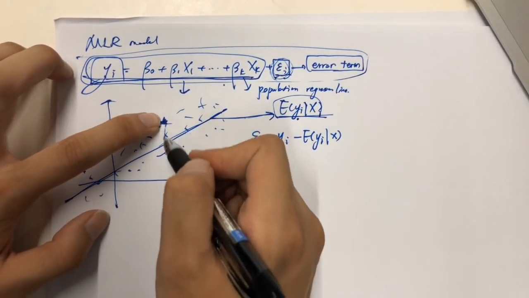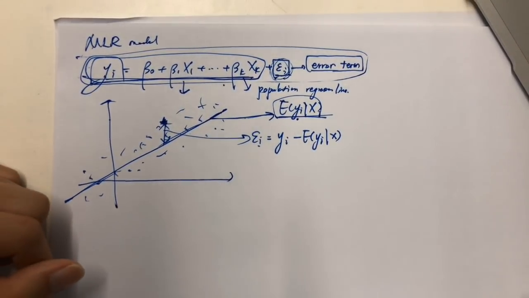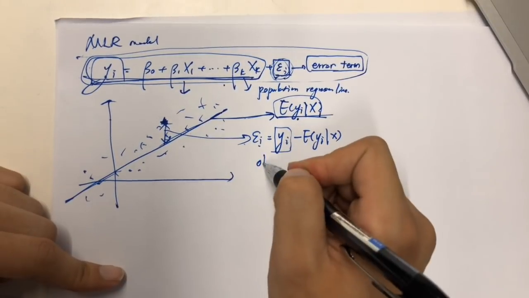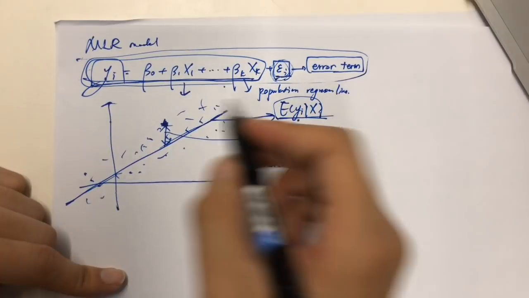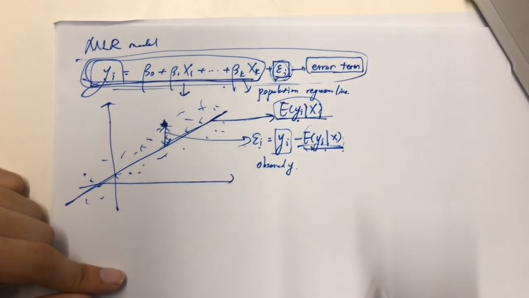The difference between them is the observed value of the error term. This is our observed y, and this is the population regression line y, or the expected y.